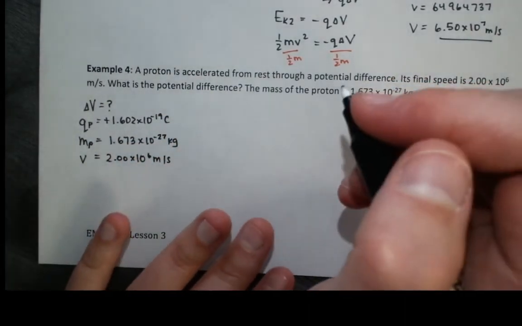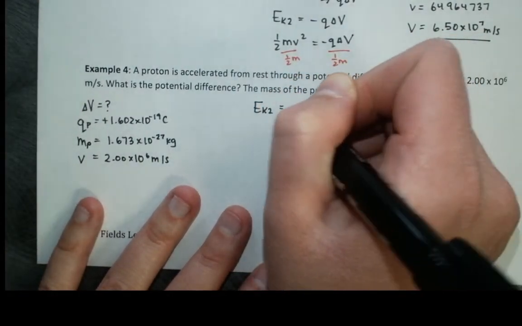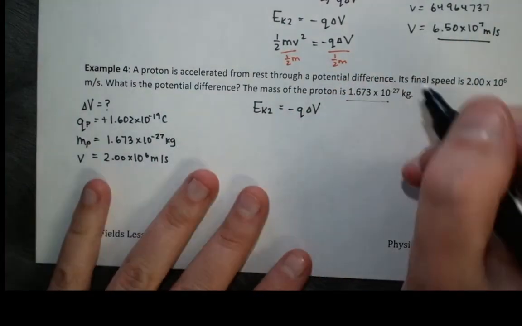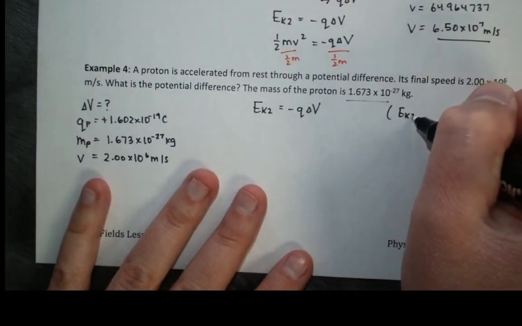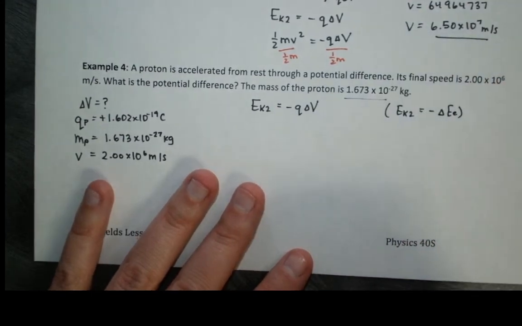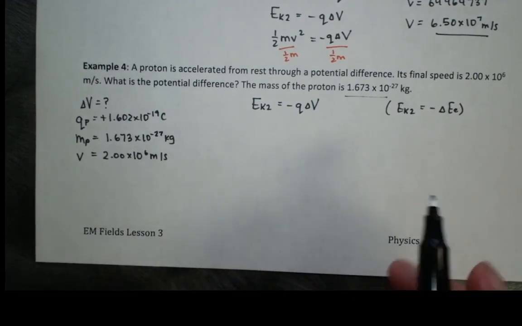So if we remember, kinetic energy ends up being equal to negative Q times V, right? Because we get this. So let's save ourselves some time and let's just remember this.